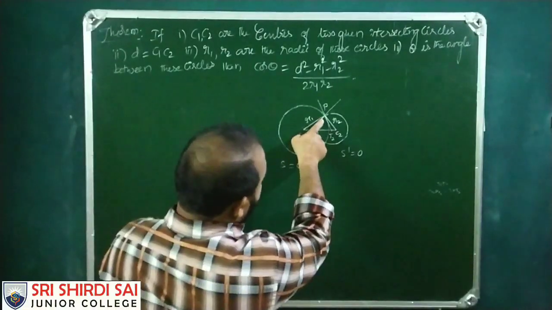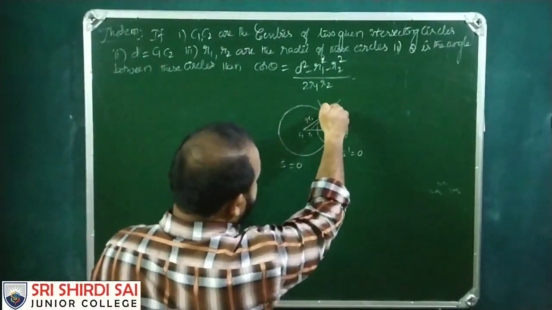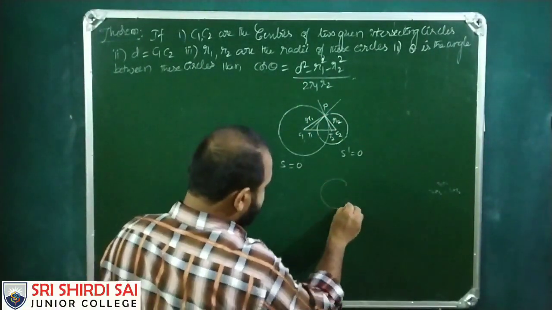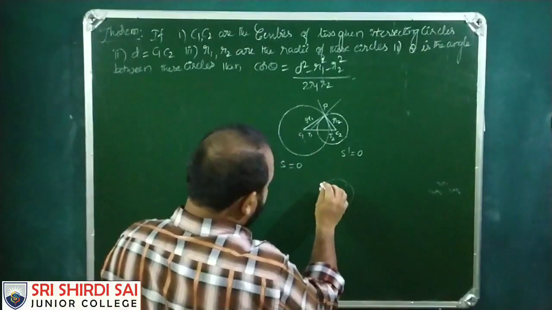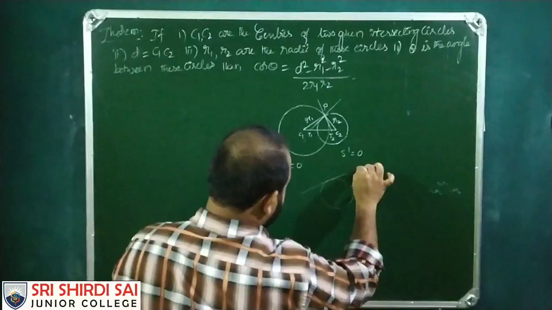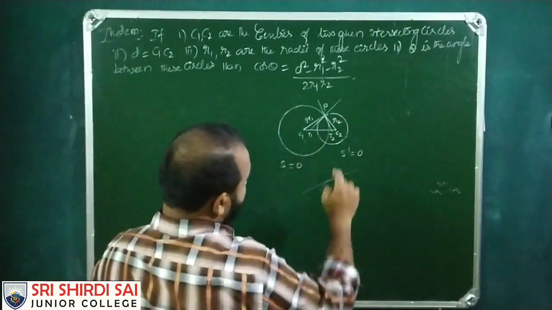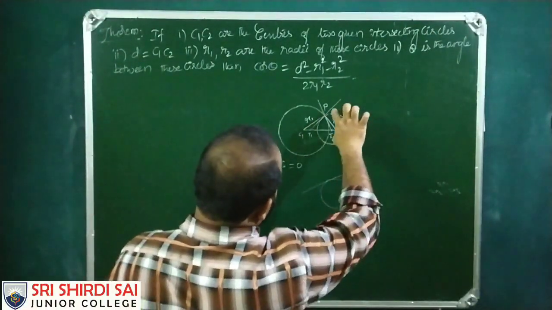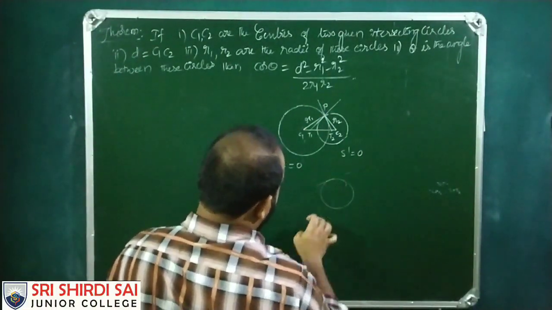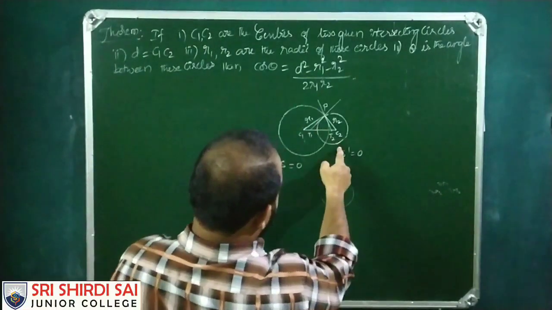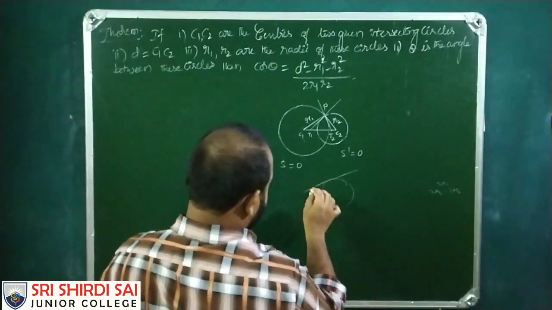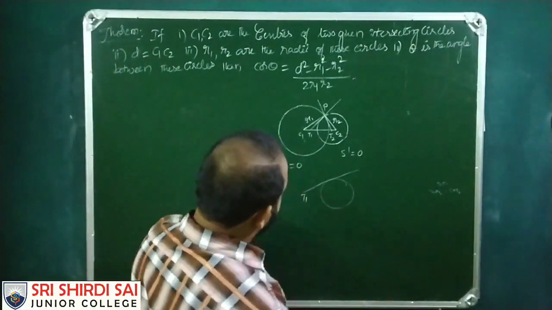At this point of intersection, I have drawn a tangent to the second circle. This tangent, let us take, is T1.